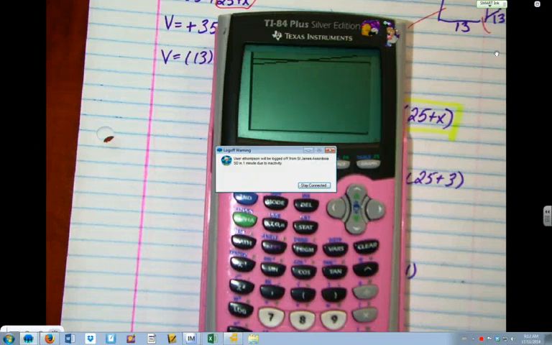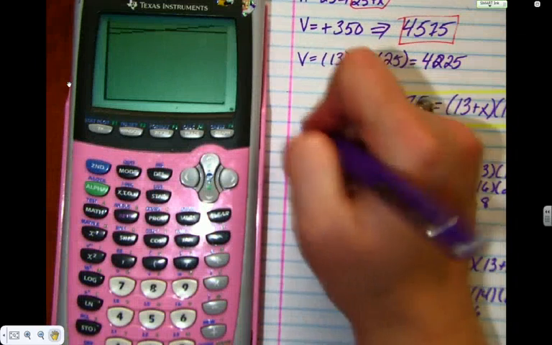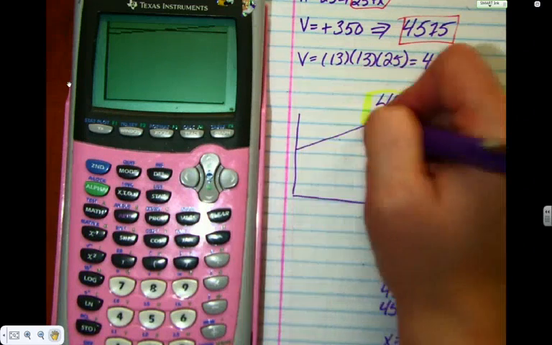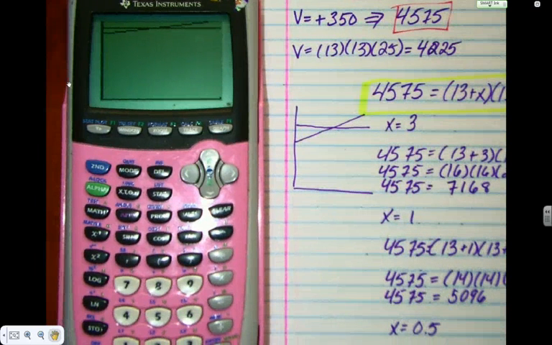If you're going to go with a graphic solution, what do you need to show me? You need to show me the graph. What is the second thing you need to show me?